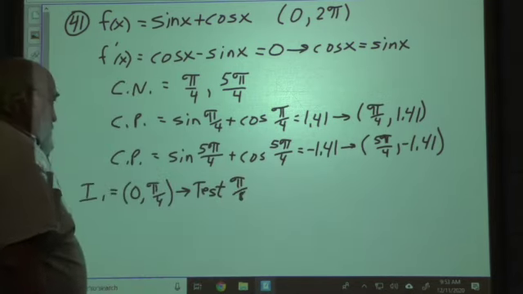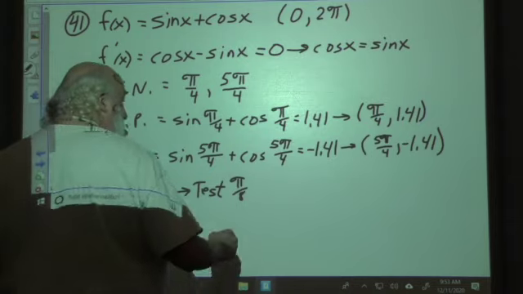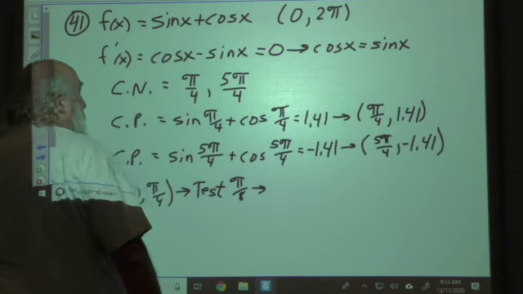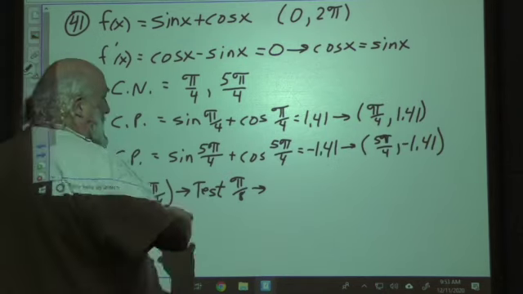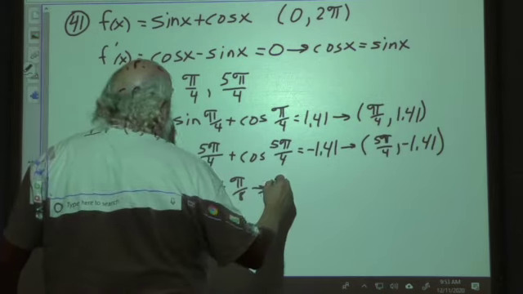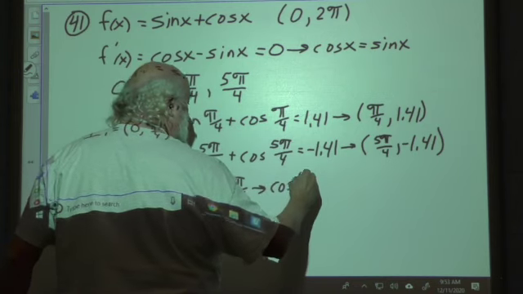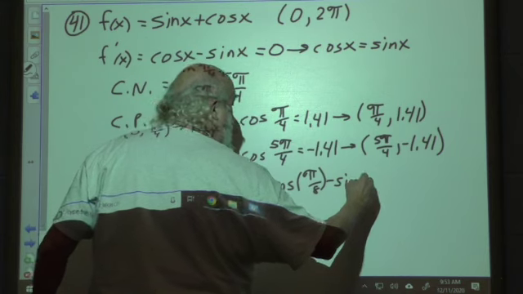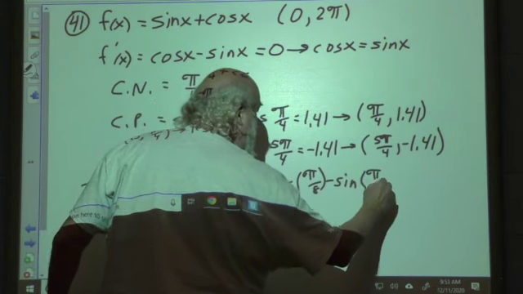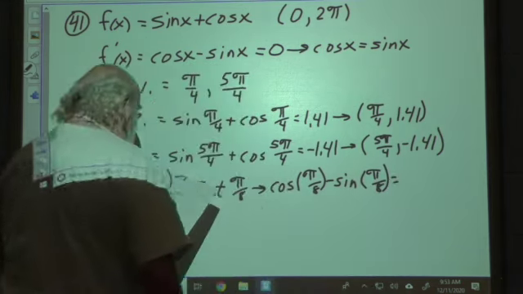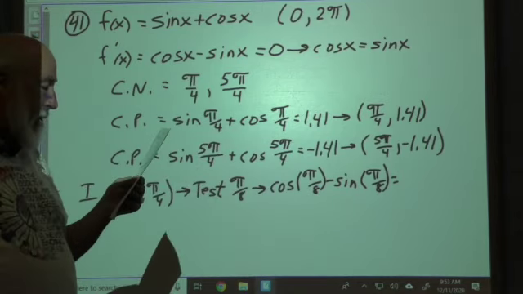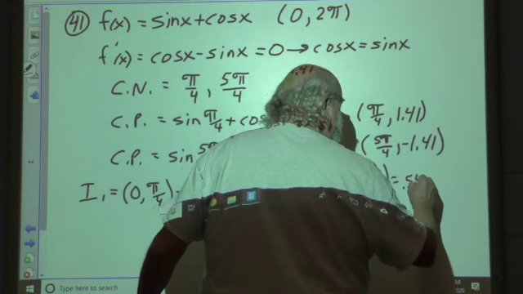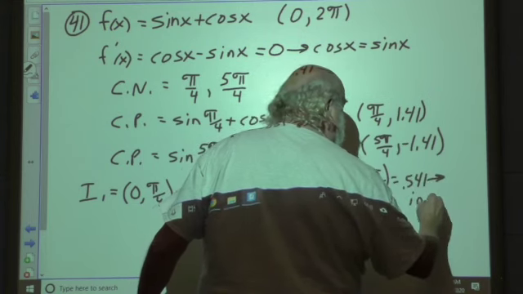Have to use the calculator anyway. I'm using this derivative to see what my slope is going to look like for this area. So the cosine of pi over 8 minus the sine of pi over 8 equals 0.541. So that means this is increasing.